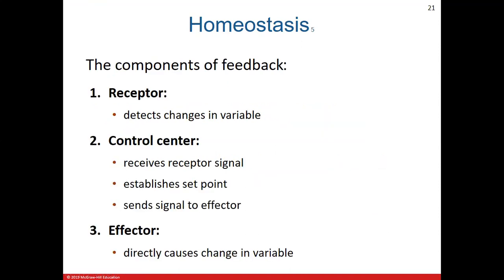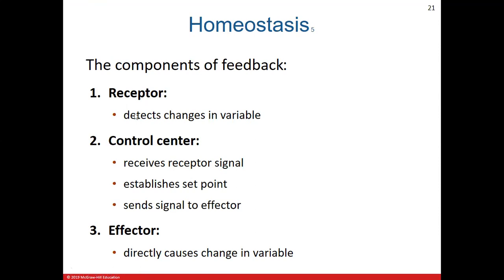And so feedback mechanisms have some vocabulary that goes along with this. First of all, in order to have some type of feedback mechanism, you've got to have some way to detect that there's really a change. So if you go back and think about your body temperature example, the variable in that example is your body temperature, 98.6.